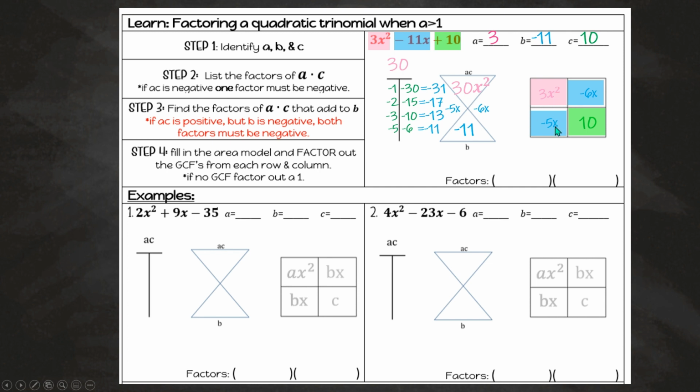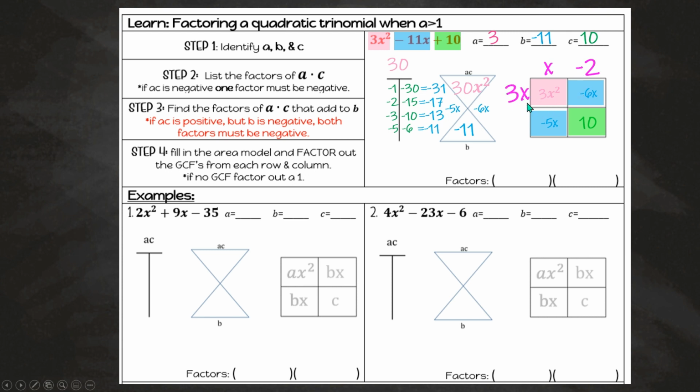So if I have 3x squared and negative 5x, I can factor out an x. If I have negative 6x and a positive 10, I can factor out a negative 2, okay? Because I can only divide 6 by 6, 2, or 3 and still get a whole number. So the only other number of those three numbers that I can divide and still get a whole number would be 2. And the reason why it's negative is because this term is negative.